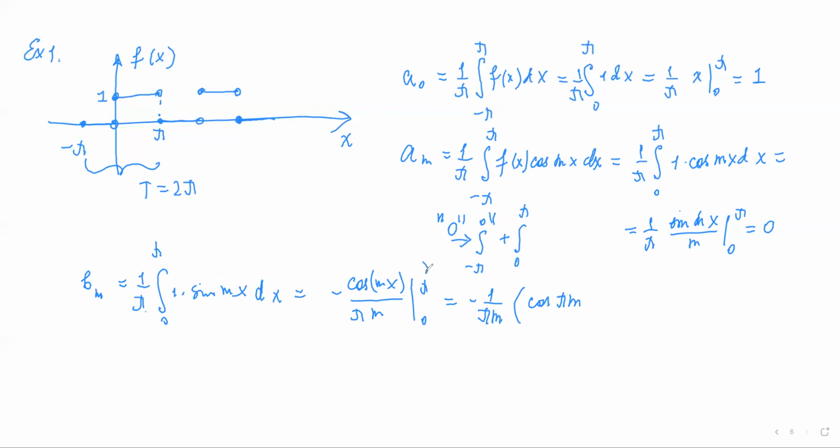I'm plugging in pi instead of x and 0 instead of x, right? Minus cosine of 0. This one is equal to 1, right? This one is going to be either equal to 1 when m is even, 2 pi, 3 pi, 4 pi, or equal to -1 when m is odd.